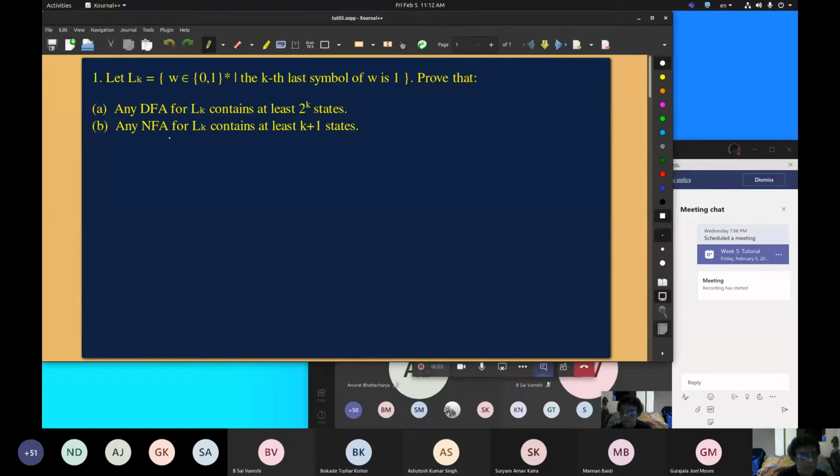And then I mentioned that following a very similar idea, you can prove the result for NFA. So let me see if there is any progress about this. Any NFA for LK must contain at least k plus 1 states.